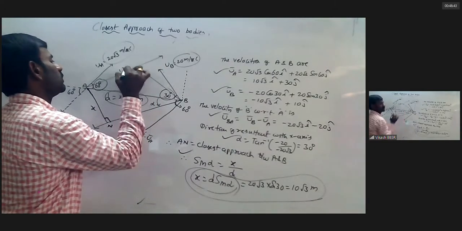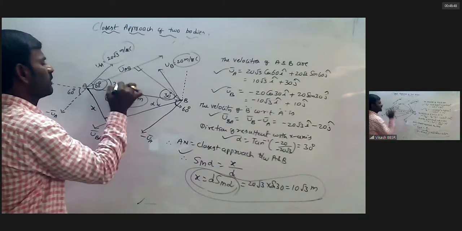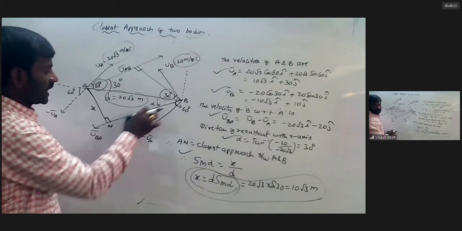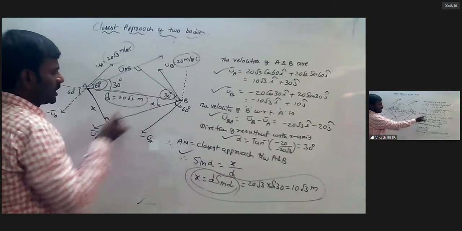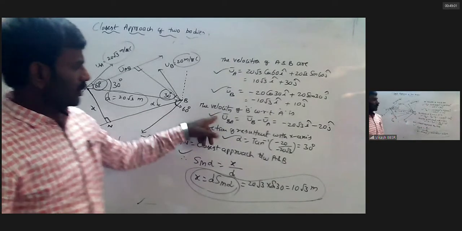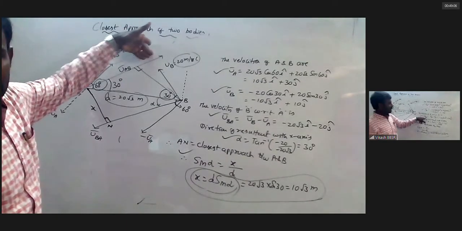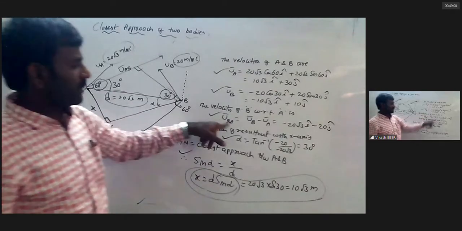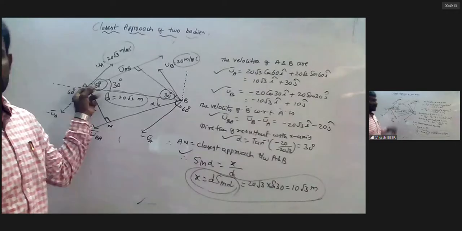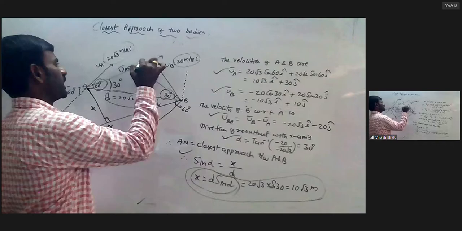UAB bar. Am I correct? UAB bar, UB bar. I give it same only. Continue. Am I correct? Same only. You want, you can take, no problem. UAB bar, positive will come, both positive will come. Yes. UAB bar positive only will come. Both: 20 root 3 i plus 20 j. Then we'll get the answer. Here also, this is the shortest distance. What is this? N dash also X.